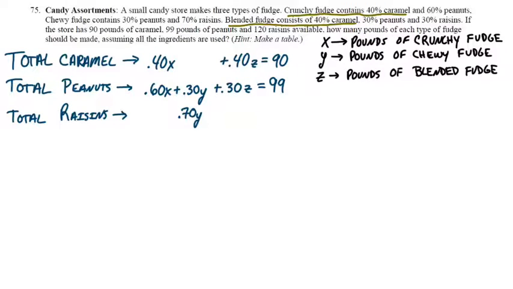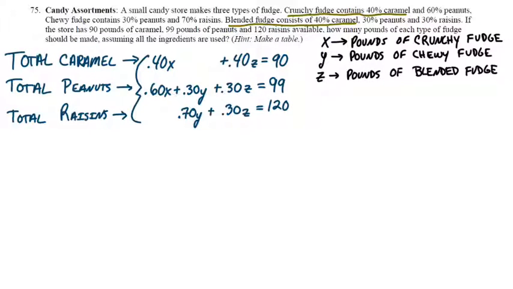So I'm going to put 0.70Y. I'm going to leave the X blank because there are no raisins in that type. And then 0.30Z, right? Because the blended one is 30% raisins. And then it has to add up to 120 for the total amount of raisins. So there you have it.